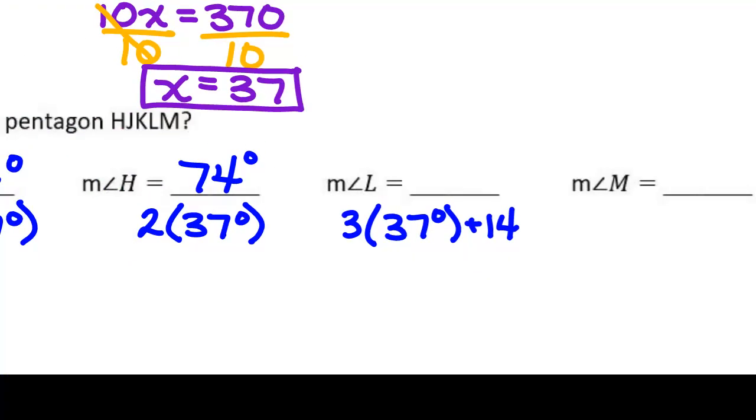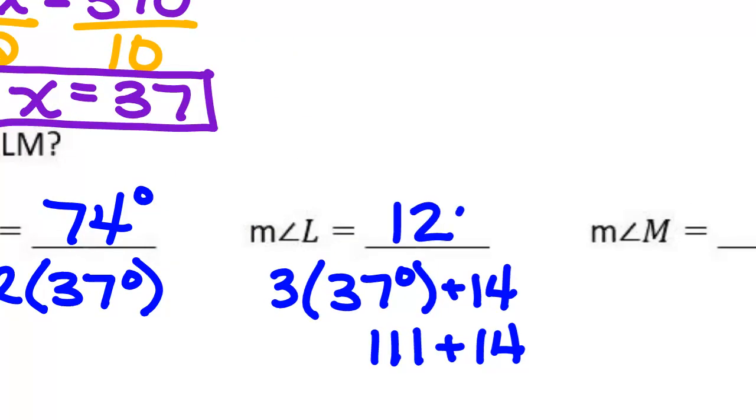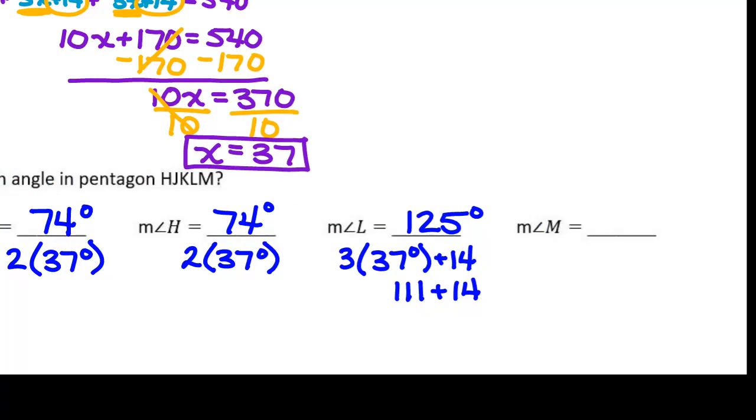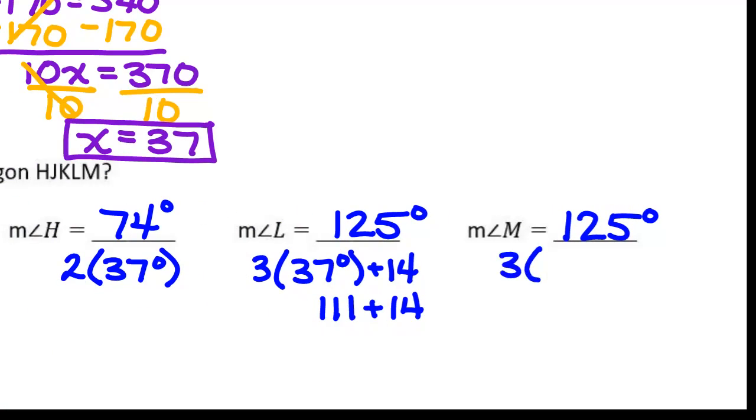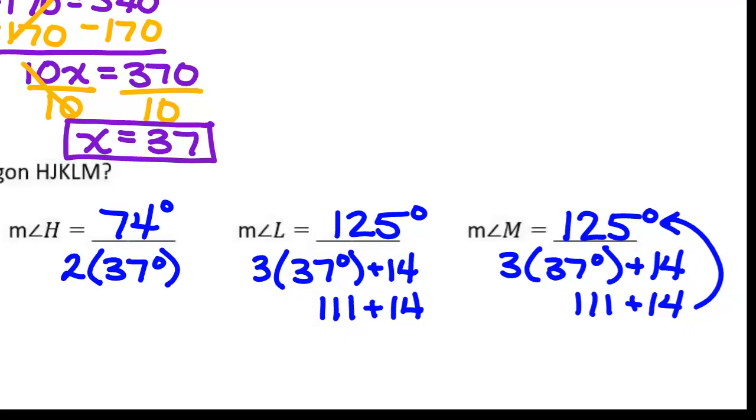What do you get when you times 3 by 37? 111 plus 14 would come out to be 125 degrees. And so then angle M? Same thing as well, 125 degrees. 3 times 37 plus 14. Right.